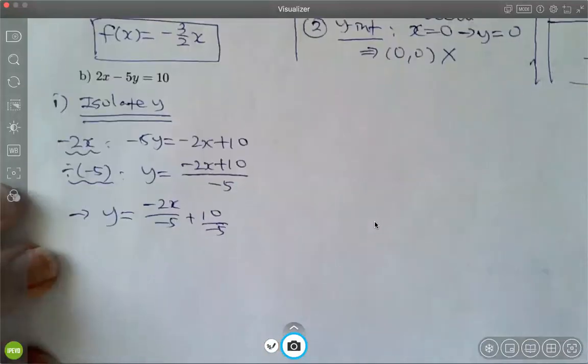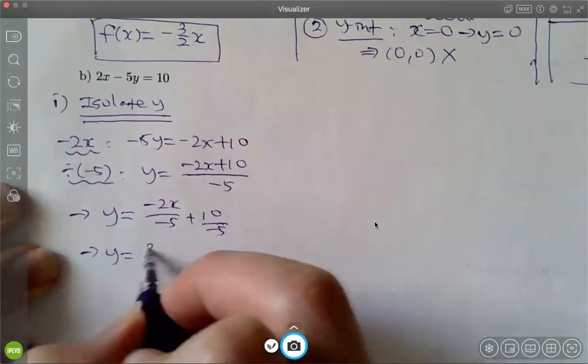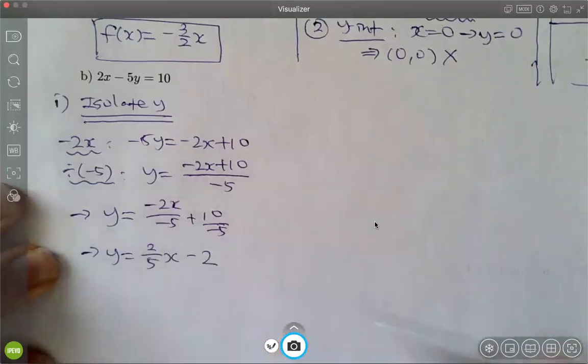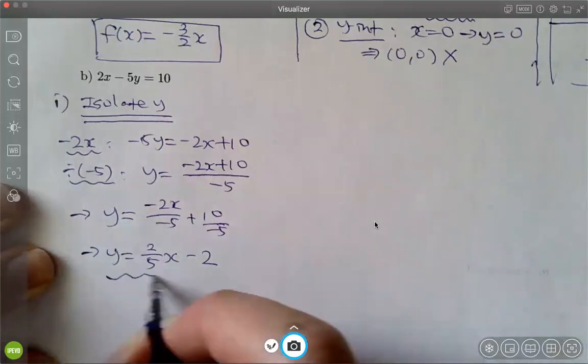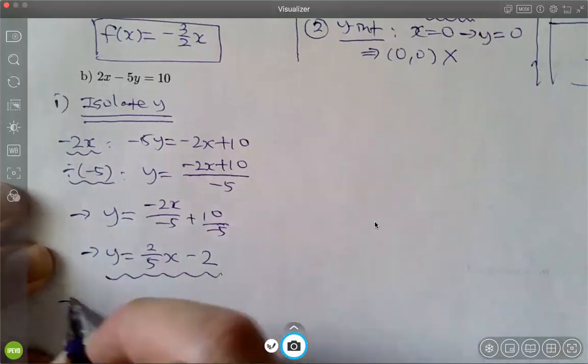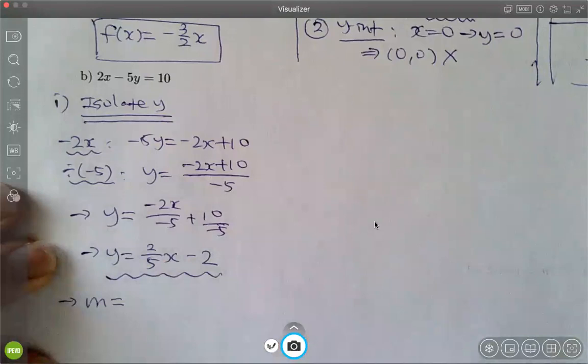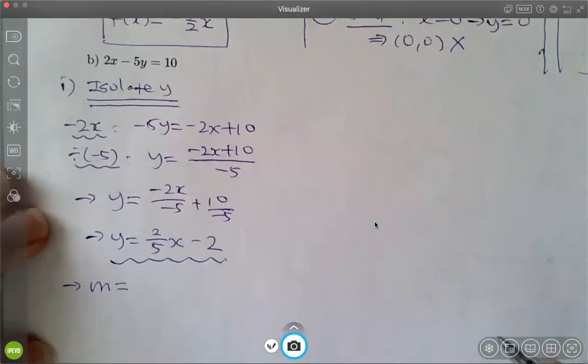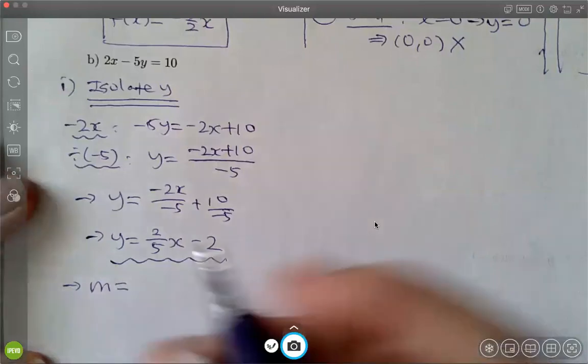So what do you get? y is equal to 2 over 5x minus 2, right? Okay, so what's the slope? Two over 5, right? Yes. Okay, so the slope is 2 over 5.